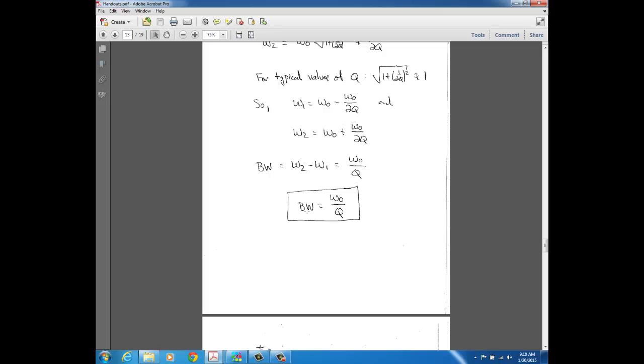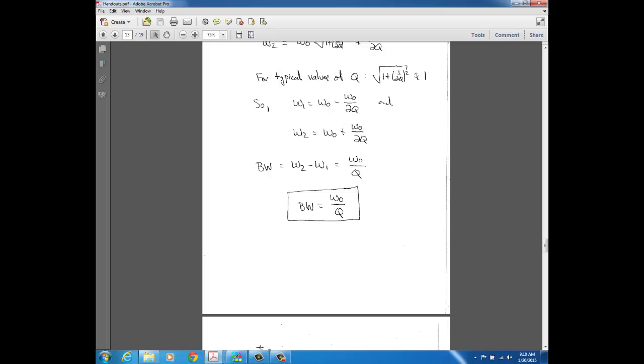It's going to be what we call selective. Its frequency response is going to be selective because only a narrow range of frequencies is passed from the input to the output of the filter. Conversely, if Q is a low number, okay, a low Q circuit, well then your bandwidth is going to be large, or what we call broad, because there'll be a wide range of frequencies that will be passed from the input to the output of the filter.